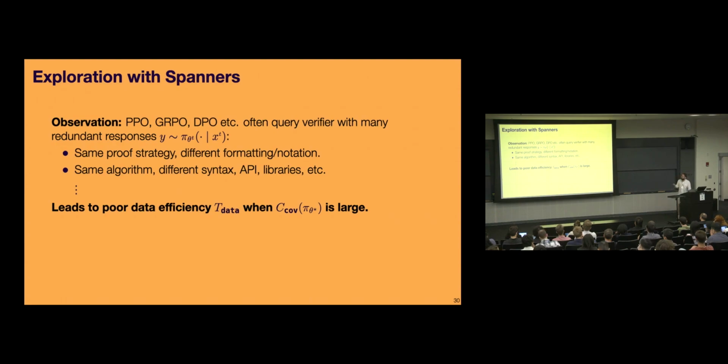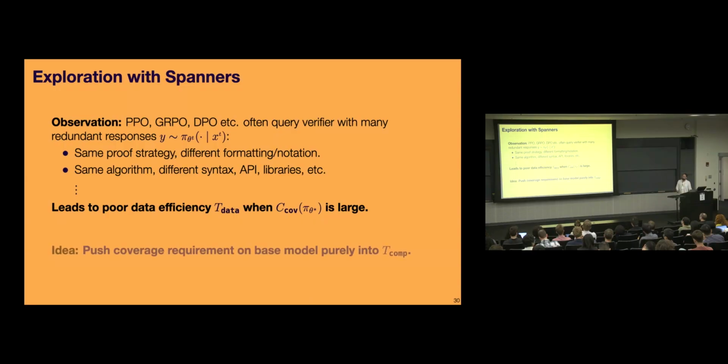Like if I'm doing math, I might generate a bunch of responses that morally are using the exact same proof technique, but are using slightly different notation, or maybe organize things into lemmas or different parts differently, but are still ultimately wrong for the same reasons.